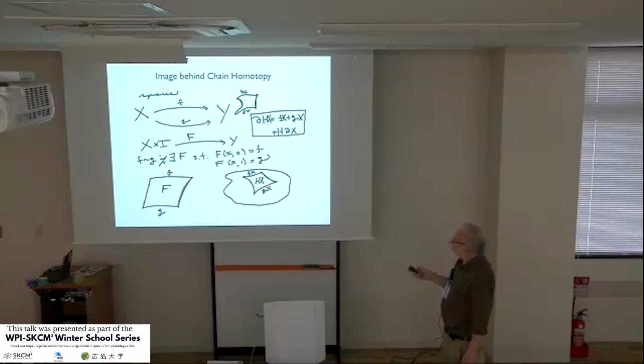So that's a homotopy at the level of homotopies described geometrically, but the image in chain complexes is the same. Here's a chain complex, here's another chain complex, here's a mapping between them.